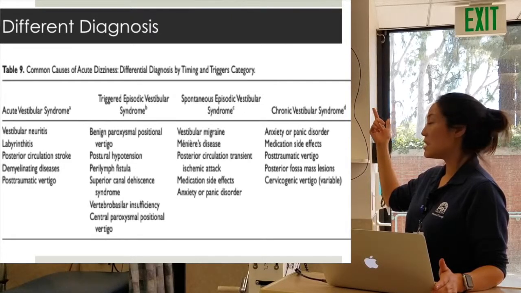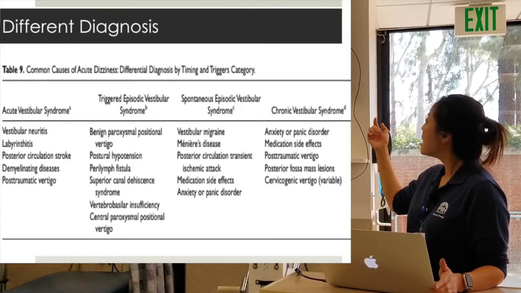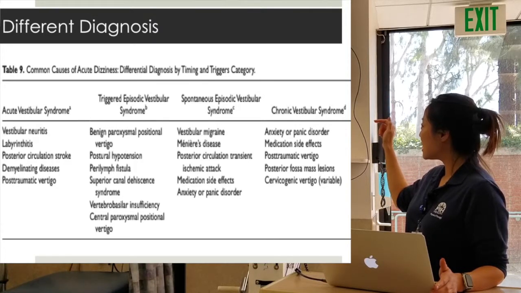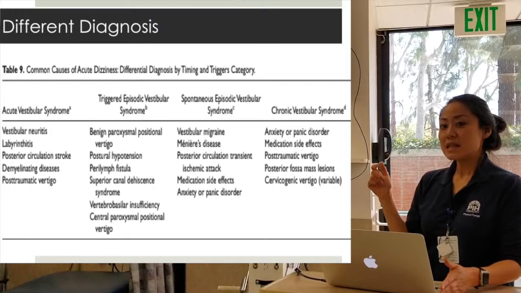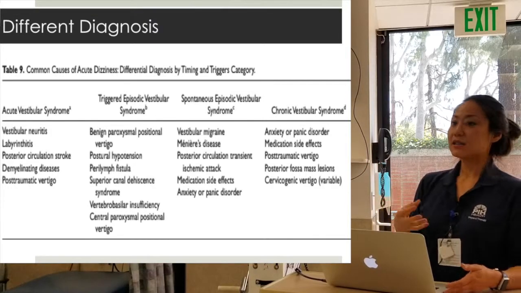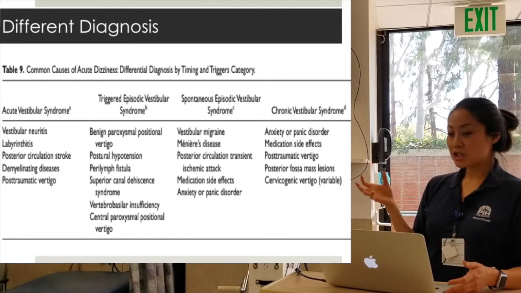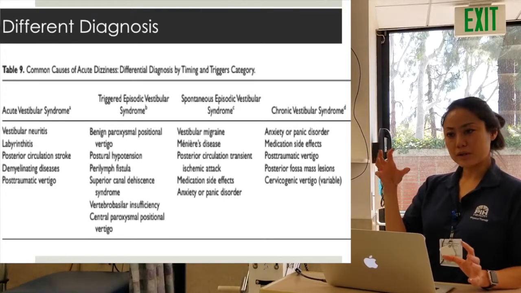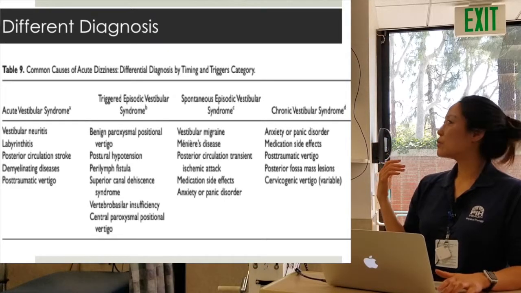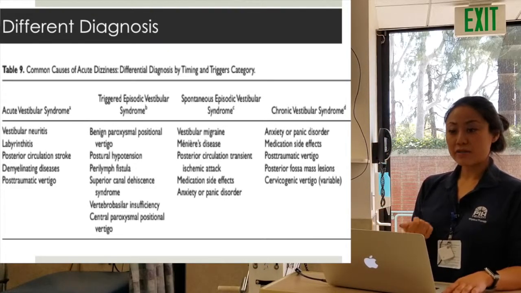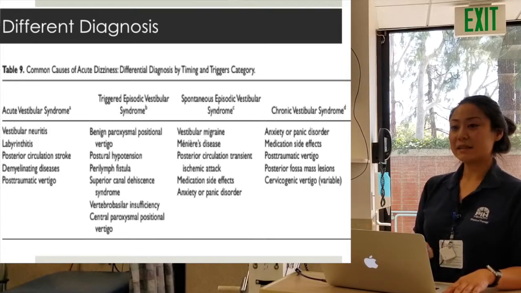You can check to see if it's postural hypotension. Perilymph fistula and superior canal dehiscence are going to be more pressure triggered, so it's not necessarily changes in head position. For that, it's like the temporal bones are kind of coming apart. So the Valsalva maneuver every time can trigger it, or really loud sounds and music.